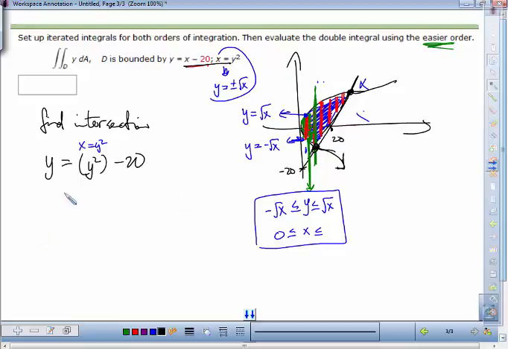Looks like I can do y squared minus y minus 20 equals 0 and factor it. Y minus 5, y plus 4. And so I'm going to get y values here. Y is equal to positive 5 and negative 4. Now, does that make sense? Positive 5, negative 4? Those are my y values, right? So this must be the negative 4 one.